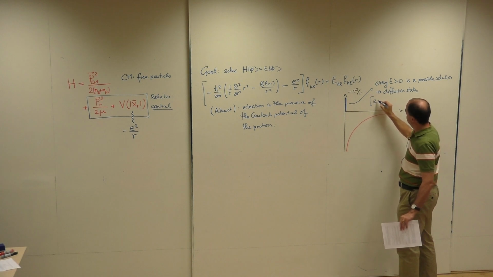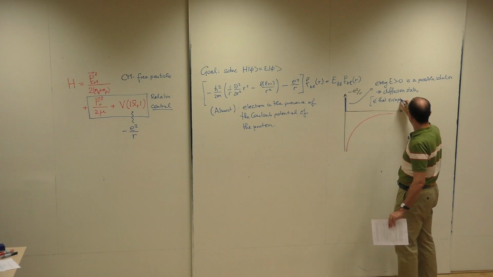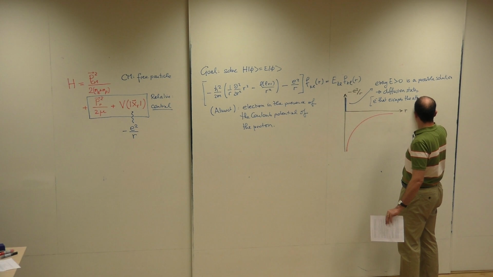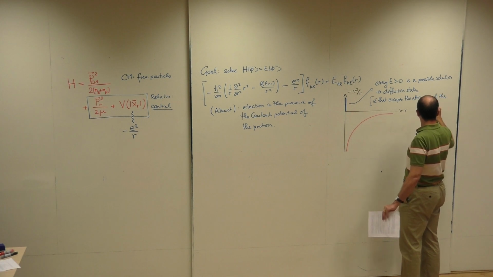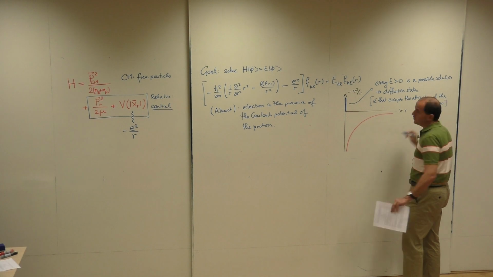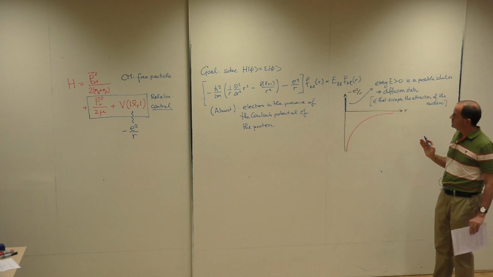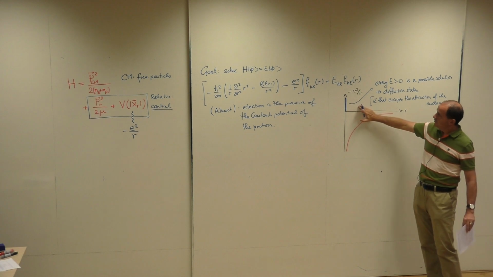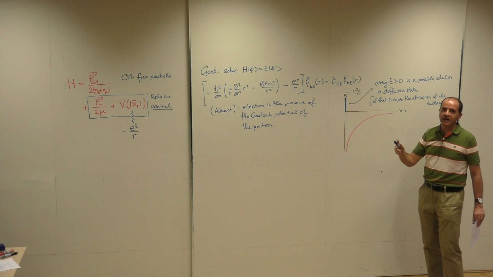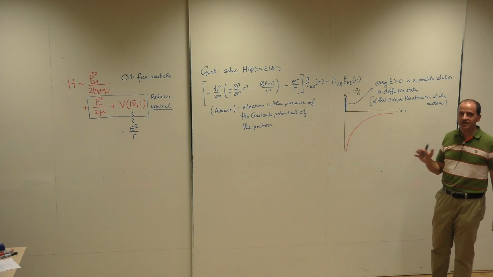So electron that escapes the attraction of the nucleus. In other words, ionization. Okay? If the electron has energy larger than zero in this system, it means that the electron is not confined anymore by the potential of the nucleus and is escaping.